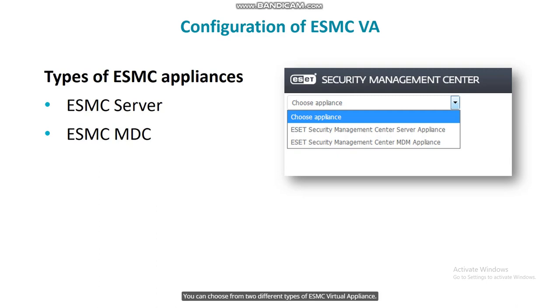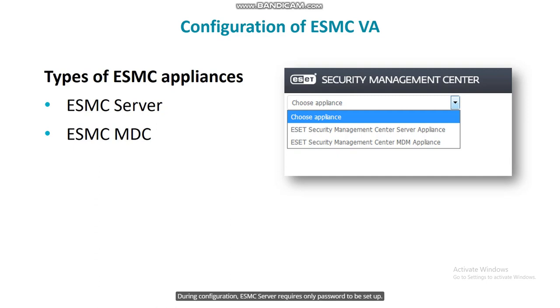You can choose from two different types of ESMC virtual appliance: ESMC Server and ESMC Mobile Device Connector. Because the ERA proxy component is discontinued after ERA version 6, the virtual appliance for the proxy component is discontinued in version 7 too.